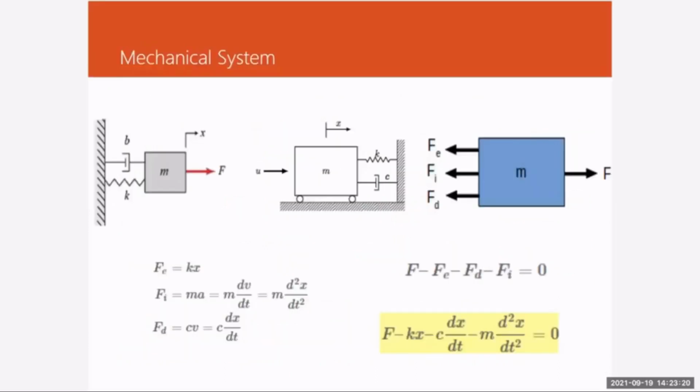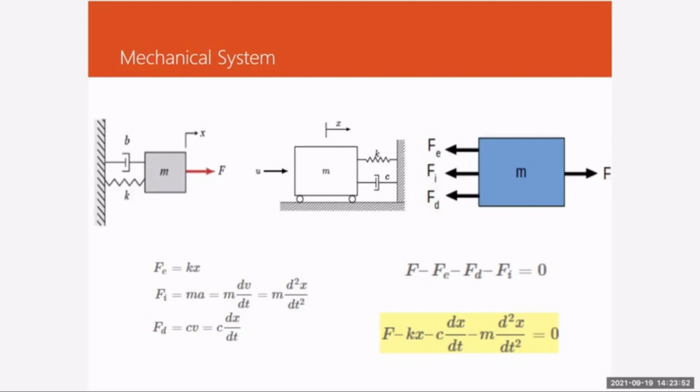Now we have a mechanical system that applies Newton's law. This is also a review, the summation of all forces. Our Fe is equal to Kx. The inertial force Fi is Ma, which is equal to the mass multiplied by dv over dt, and also equal to m d squared x over dt squared.